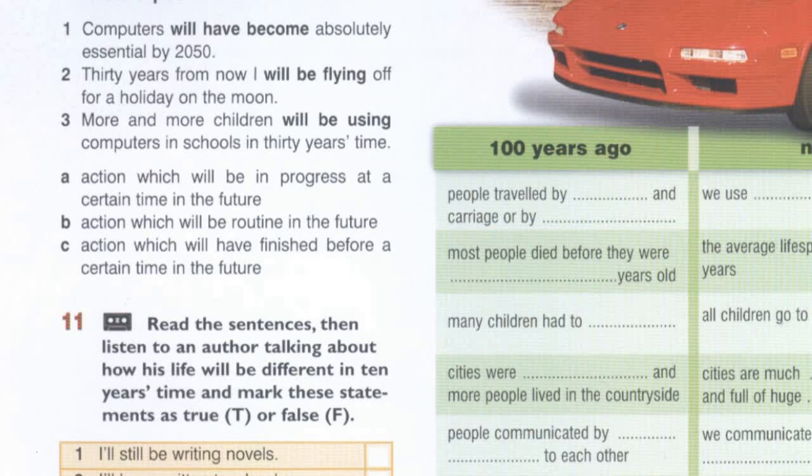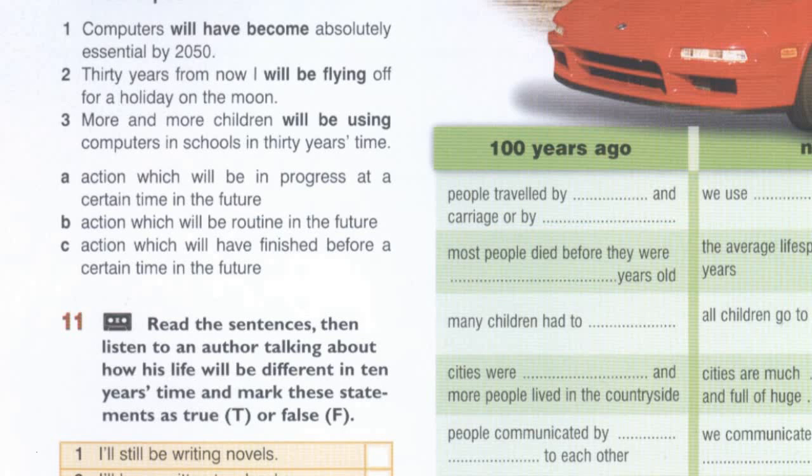Okay, let's focus on the answers. A, action which will be in progress at a certain time in the future. Progressive means being continuous. Yes, well done. The tense is future continuous, progressive.